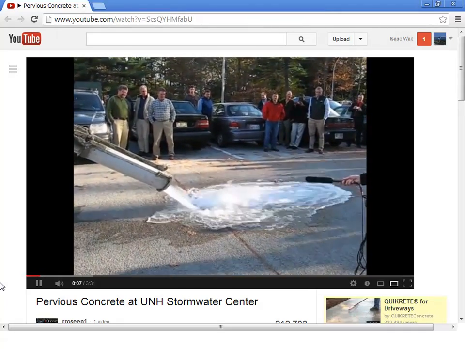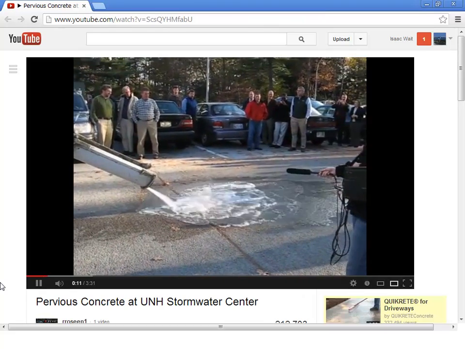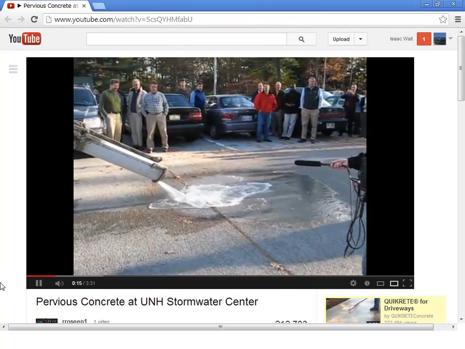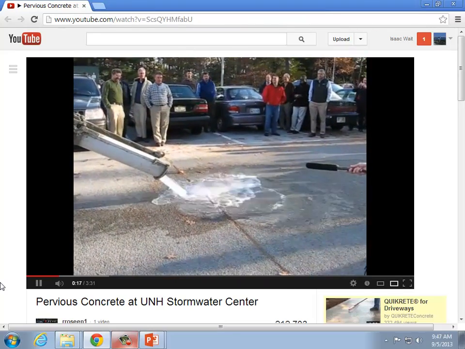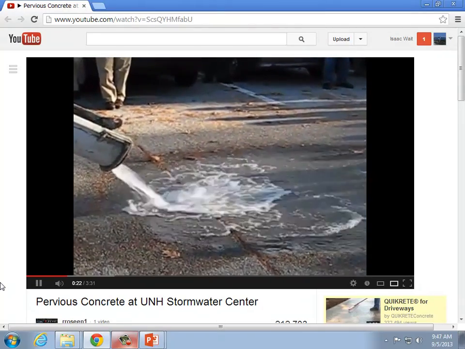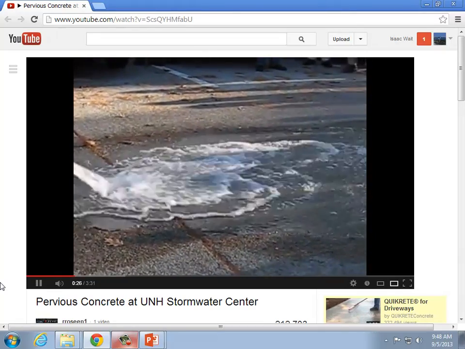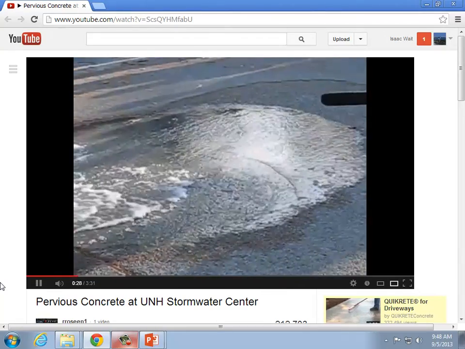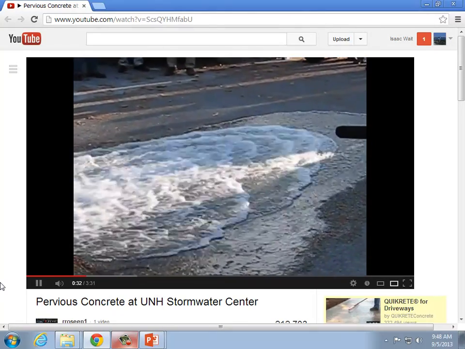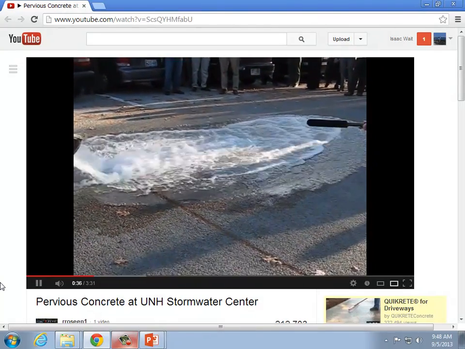So this is definitely not common concrete. Something's different about this concrete, right? Normally, if you were pouring water onto concrete like that, it would have to find somewhere to go. It would run off to the side or puddle. But as you can see from the close-up, the water in this case is just soaking right down into the concrete itself.